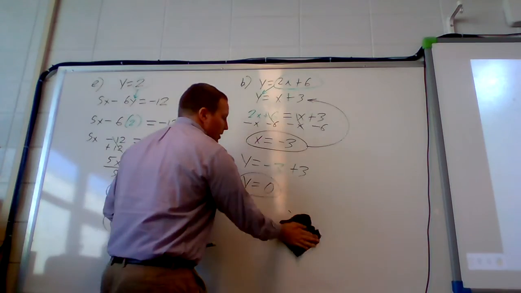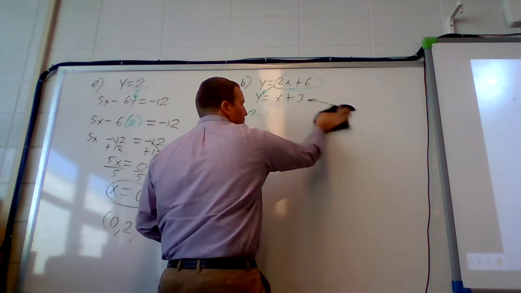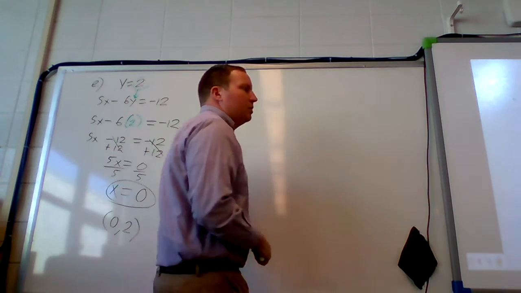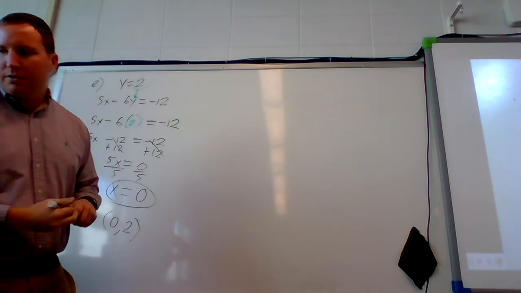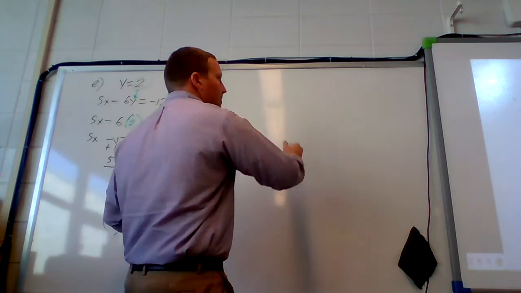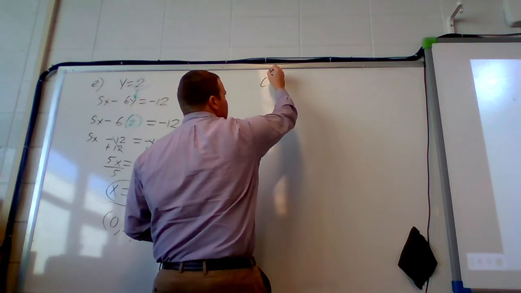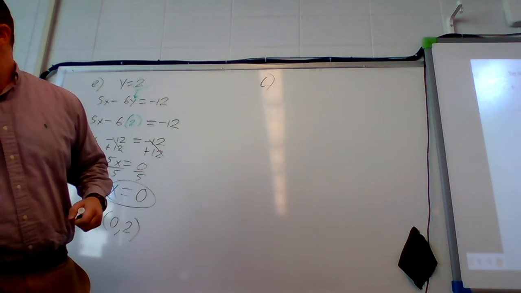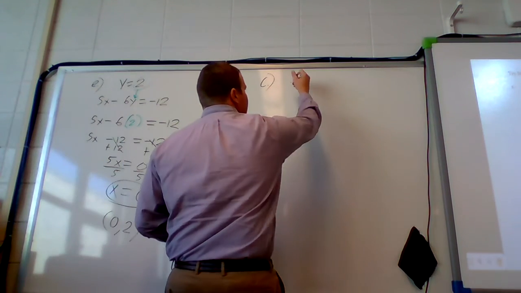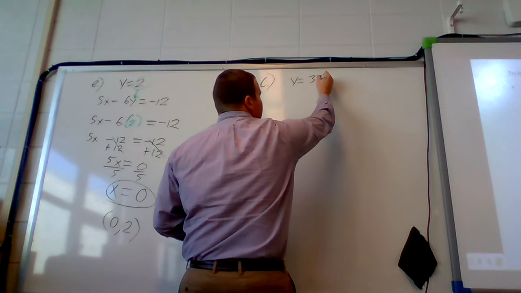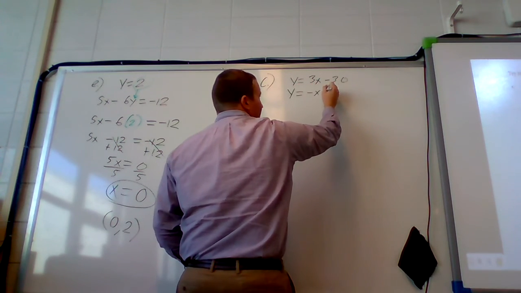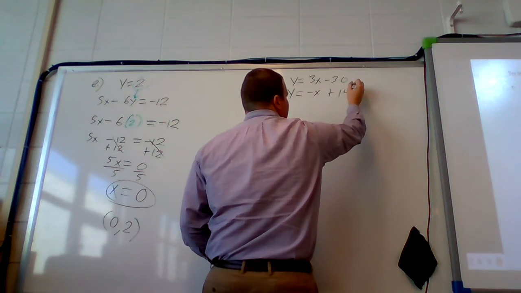Let's pick out another one on the back page of the notes. C? Yeah. We have y equals 3x minus 30, and y equals negative x plus 14.